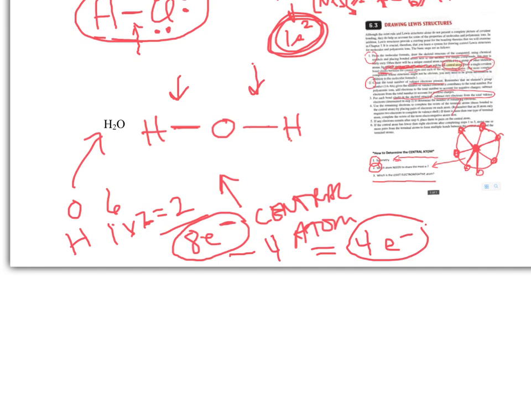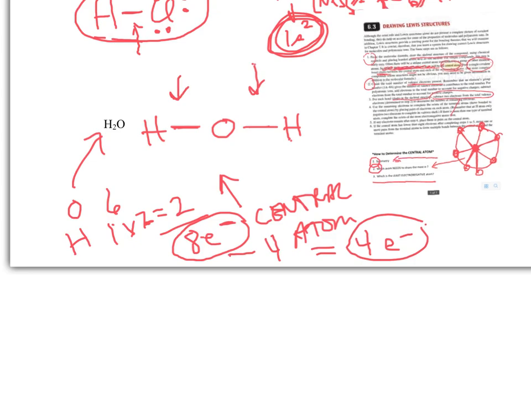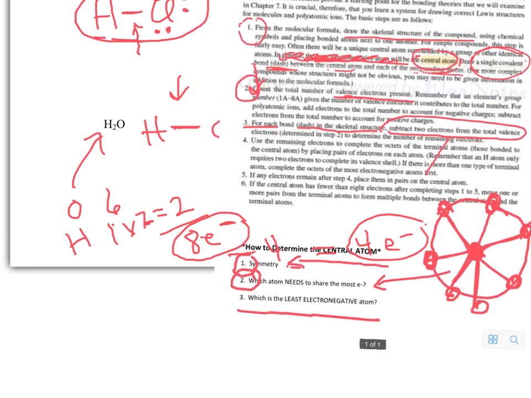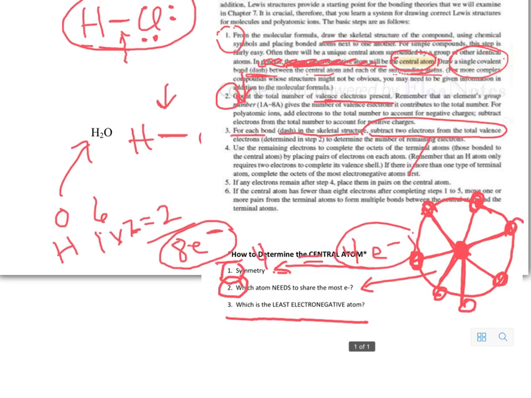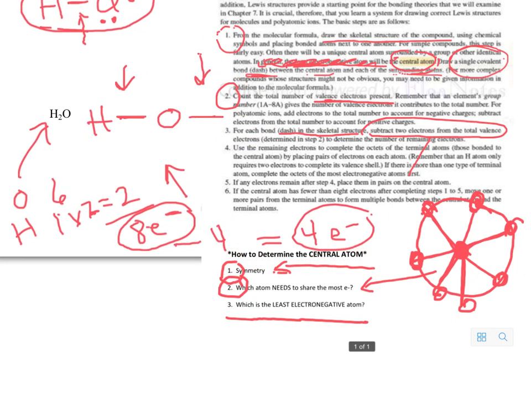Now, with the lone pairs, you always have to remember to do it in the exact sequence specified here. In step 4, the remaining electrons, you will complete the octets of the terminal atoms first, the ones that are the spokes, the ones on the outside, by placing pairs of electrons on each. But in this molecule, remember, the H atom only requires 2 electrons to complete its valence shell.